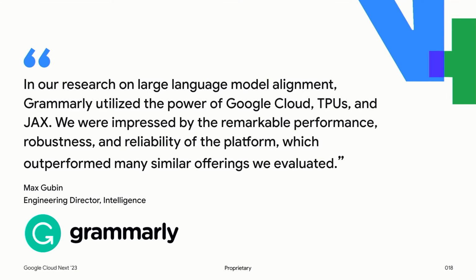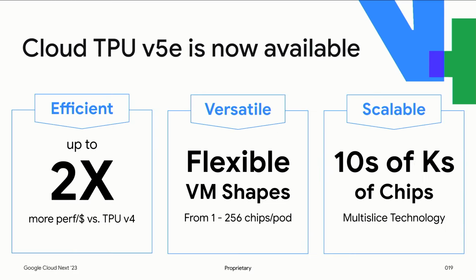In Grammarly's research on large language model alignment, Grammarly found that Google Cloud TPUs and JAX outperformed many similar offerings that they evaluated along dimensions of performance, reliability, and scale.